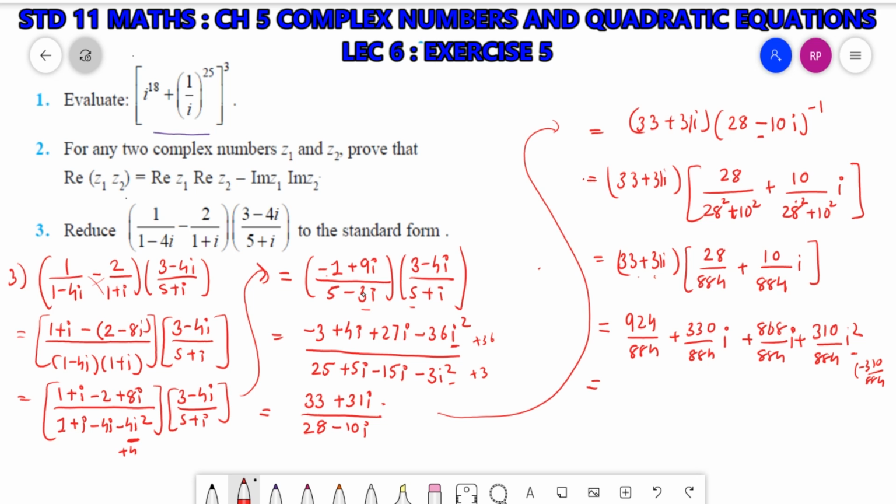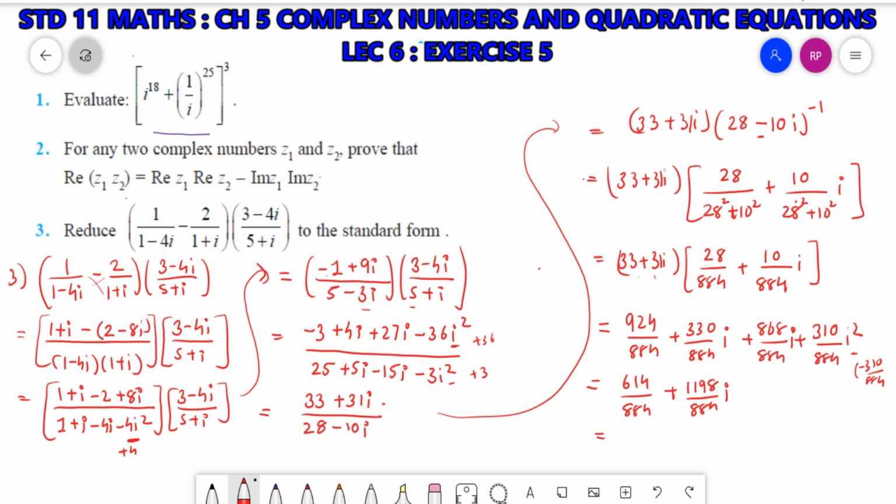So 924 minus 310, this will be equal to 614 upon 884, plus 330 upon 884 plus 868 upon 884, that will be equal to 1198 upon 884 i.